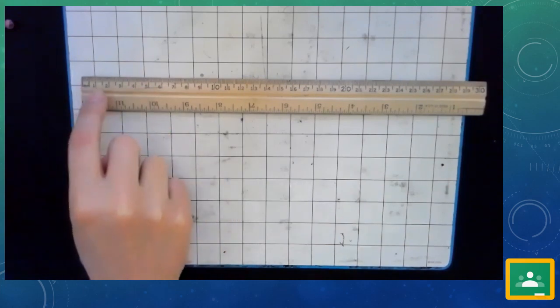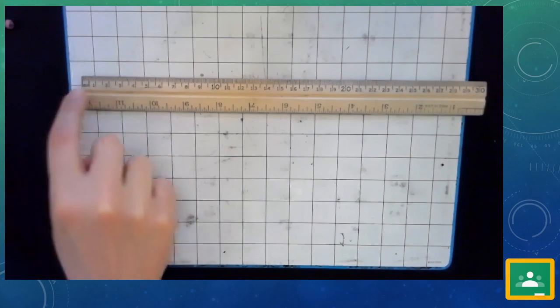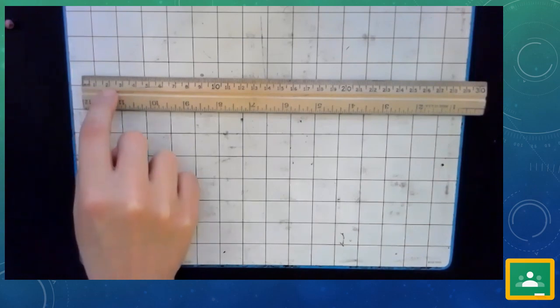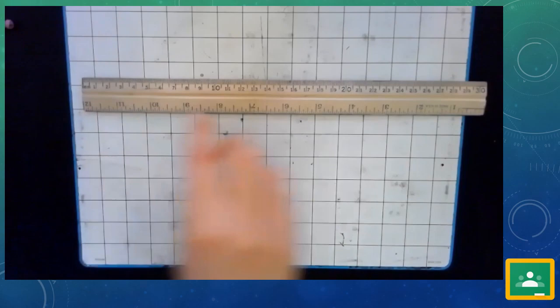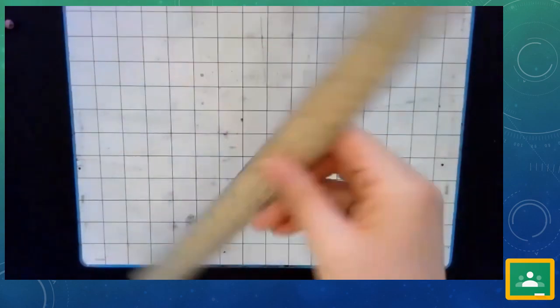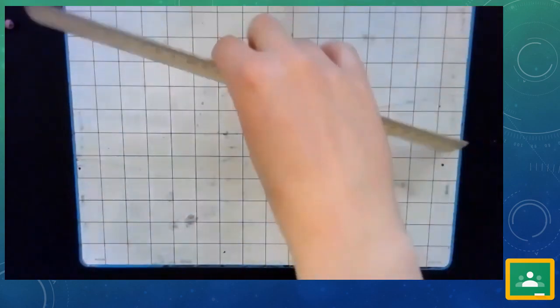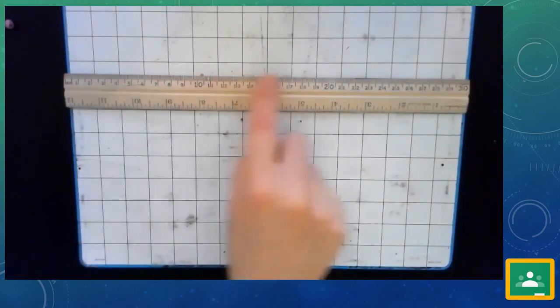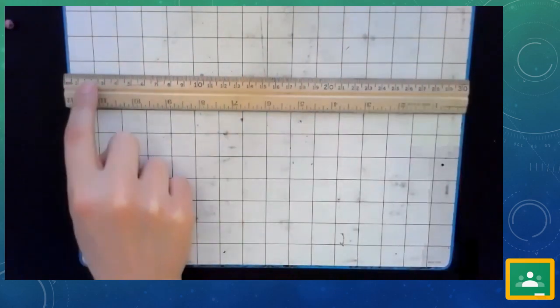Every time I'm looking at the next centimeter, from 0 to 1 is the same space that takes up from 1 centimeter to the second centimeter, okay? So even though inches and centimeters are different units, when I'm using centimeters, they are consistent.